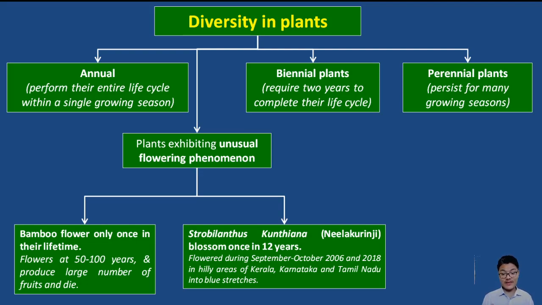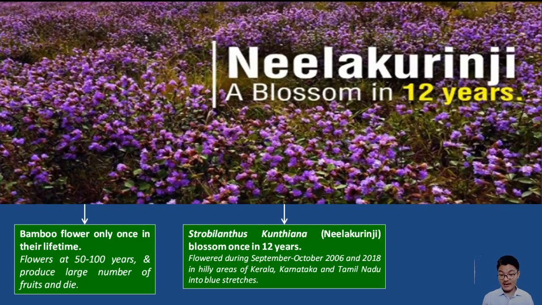These flowers are usually found in the states of Kerala, Karnataka and Tamil Nadu. Once they flower, they form blue stretches. An entire hill gets covered with the blue stretches of Nila Kuranji or Strobilanthes kunthiana.